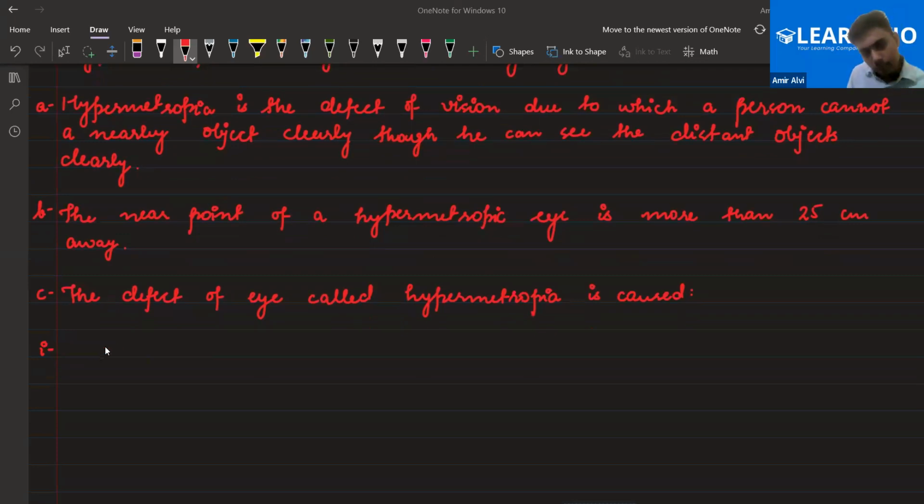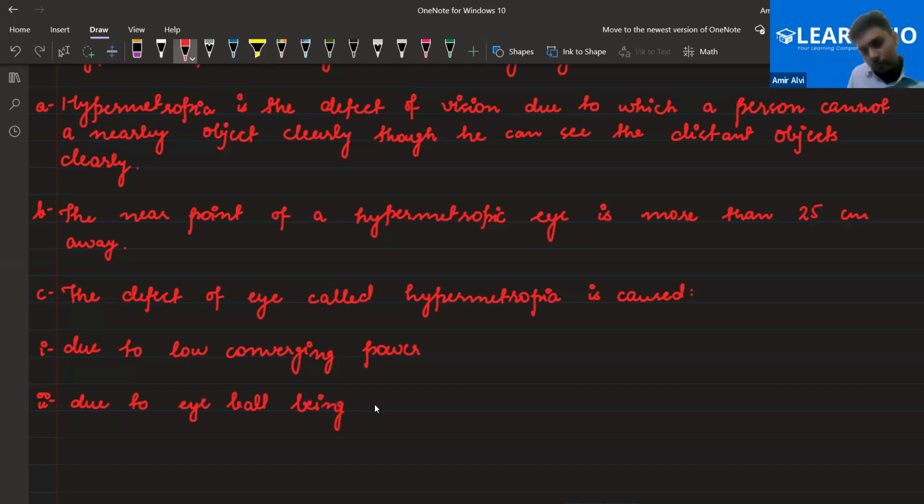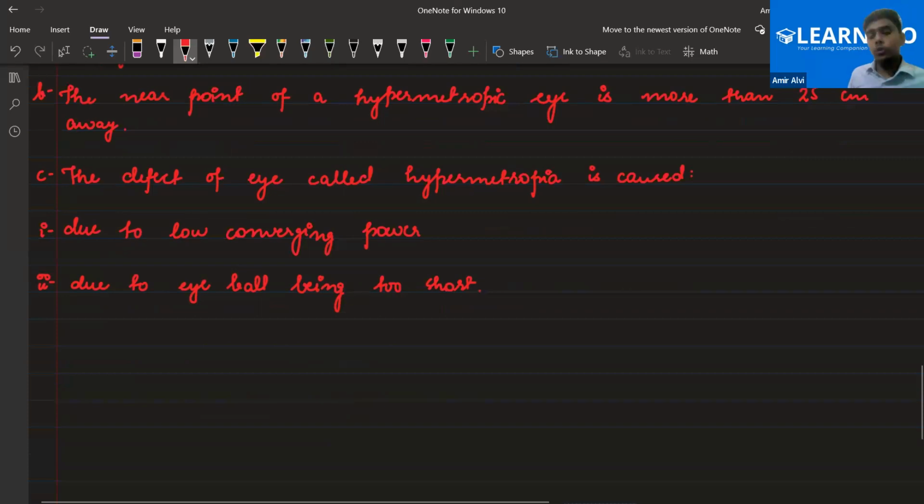Second, the eyeball becomes too short, so the image is formed beyond the retina. Okay. So these are the two causes of this defect in the human eye.